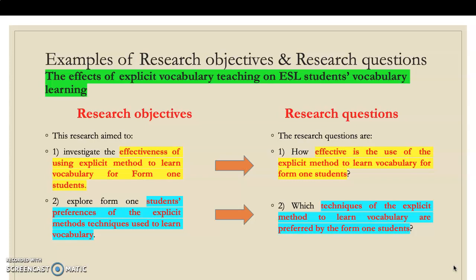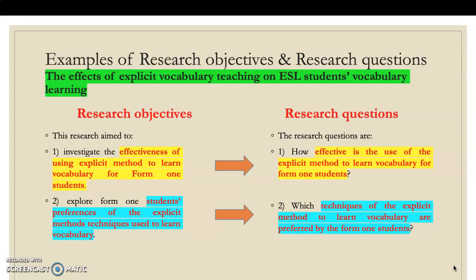So the research objective here, you just reformulate it to become a question. Alright, it's the same content, but it becomes a question under research question. So when we change it to a question, it becomes how effective is the use of the explicit method to learn vocabulary for Form 1 students. Alright, so it's aligned. The research objective is in the form of a statement.